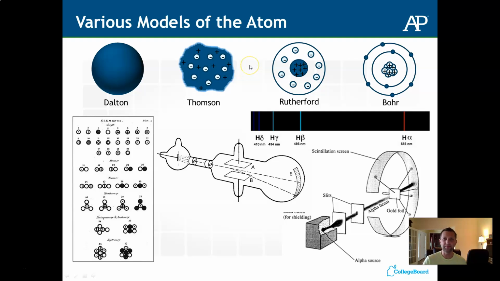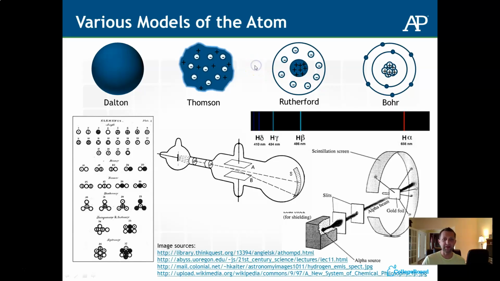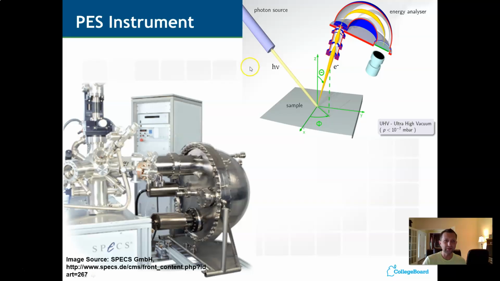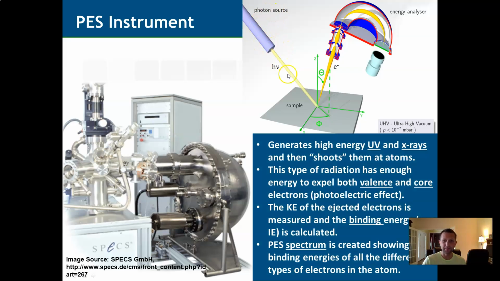It's really easy on the surface to understand it and see why things are like they are. Of course, it can get way more complicated, but we're going to simplify as much as we can here. So here's your PES instrument. What you have is a source of photons, like an energy source, and it generates UV and X-rays, and it shoots those at some sample of atoms.